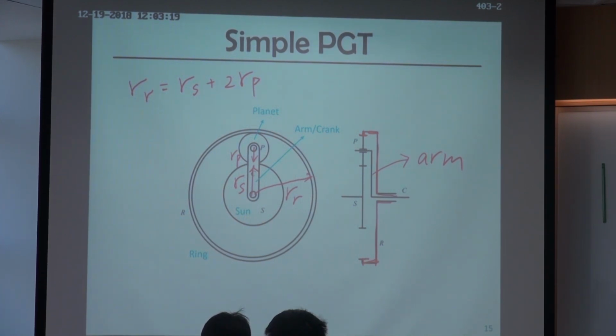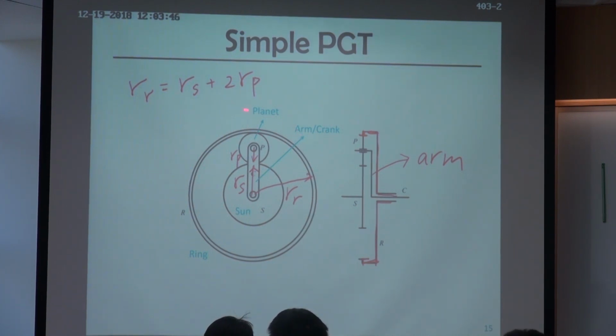Otherwise, you cannot assemble them. So 2RP is the diameter of the planet gear, and RS is the radius of the sun gear. The summation of these two should be the same as the radius of the ring gear. Yeah. So that's the basic formula that the planetary gear needs to satisfy.